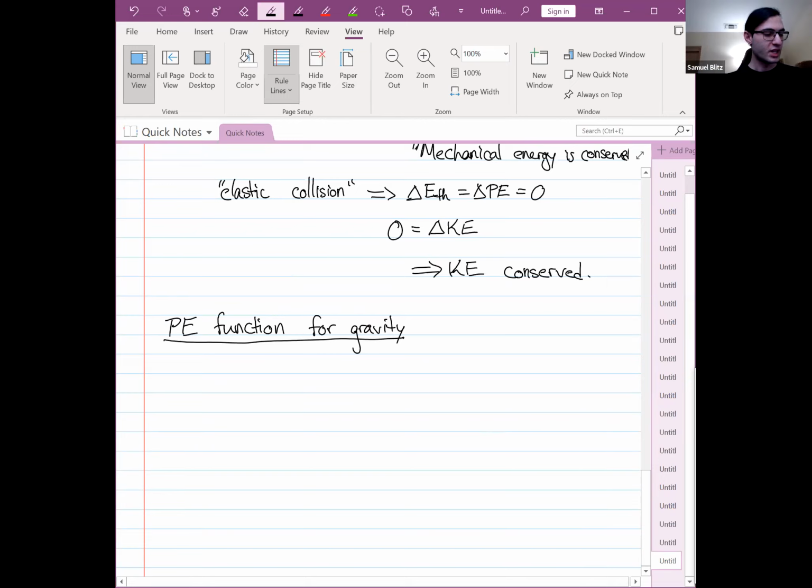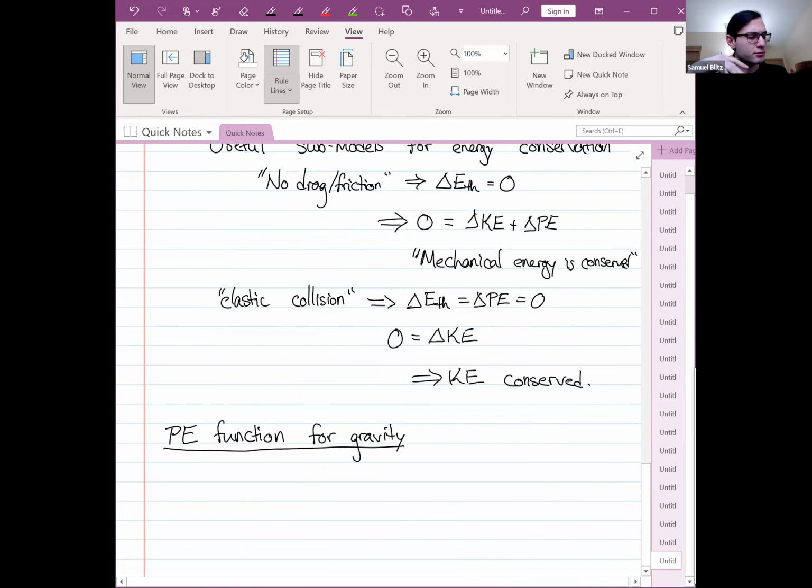The reason why we want to know what this potential energy function is, is because we could compute it by just doing the line integral and then sticking a negative sign in front. And we could do that every time, but it'd be kind of annoying because you don't need to.